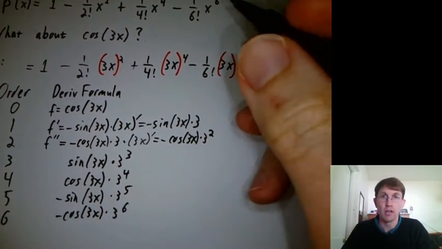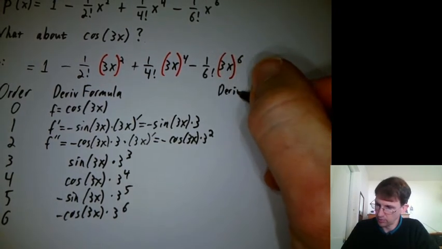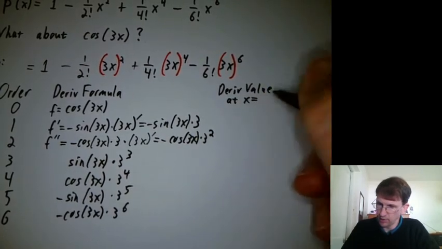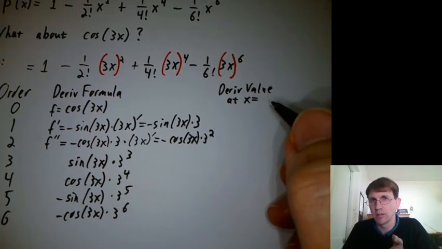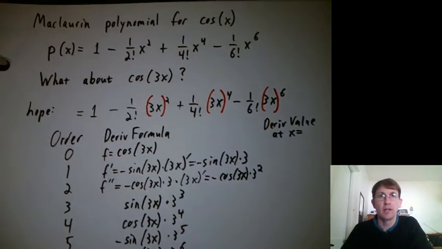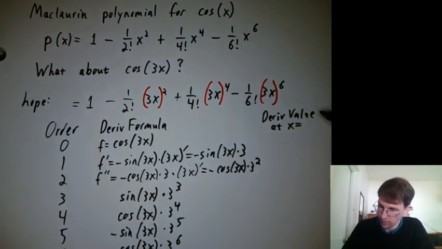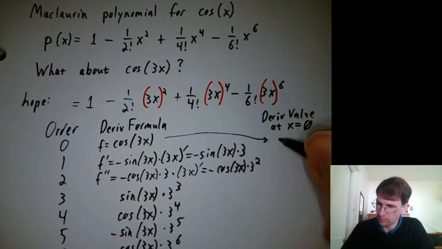And what x value should we use? So the derivative value at x equals what? In some sense I didn't say like x equals 0 or x equals negative pi over 2 or something, but we did say Maclaurin, and Maclaurin means at x equals 0. So we're going to use a 0 there. What's the value of cosine 3 times 0?